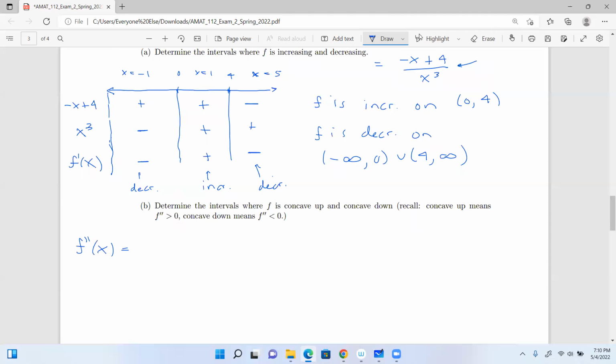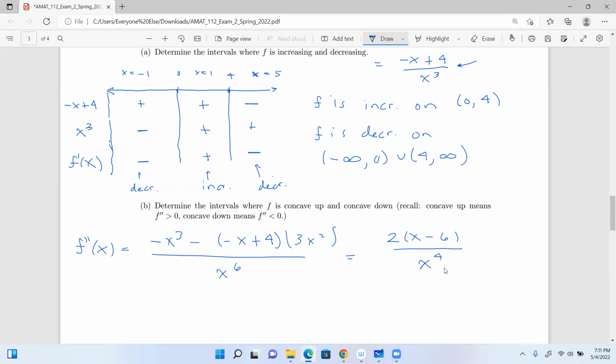So the derivative of the numerator is -1 times the function in the denominator, so that's negative x cubed, minus the function in the numerator times the derivative of the denominator, which is going to be 3x squared, and then the denominator squared. And again, I'm not going to go through all these steps, but if you simplify this, you FOIL and then combine and cancel some common factors, you get 2 times x minus 6 over x to the 4th.